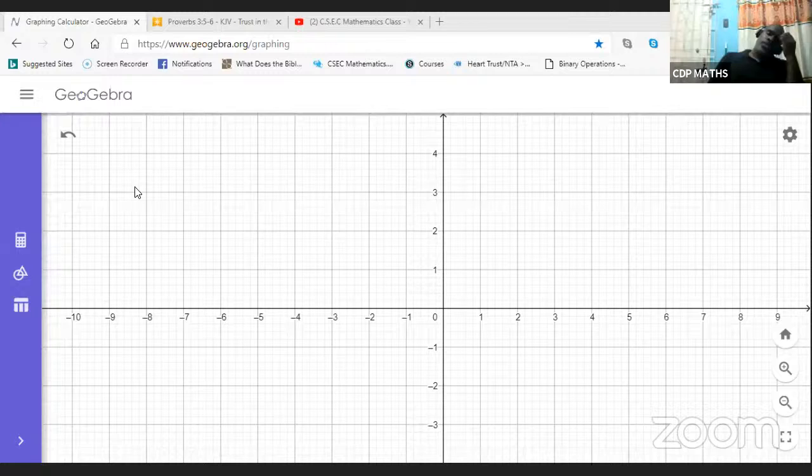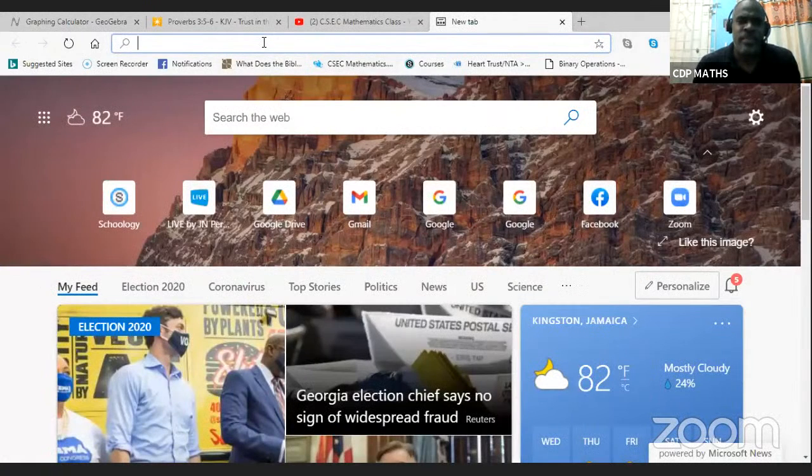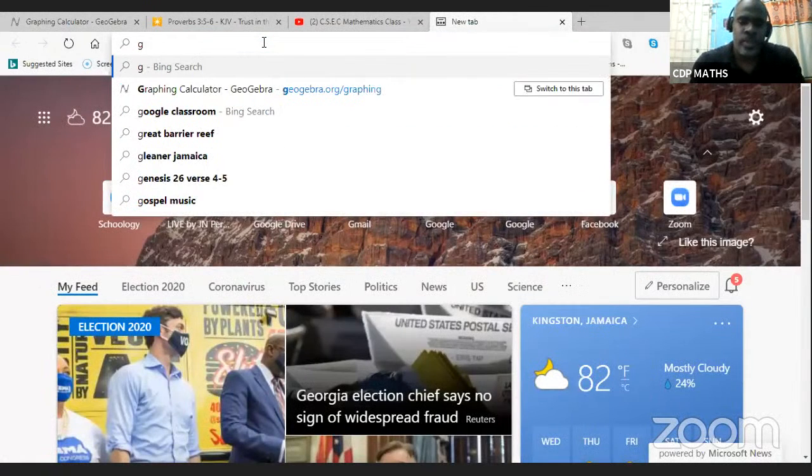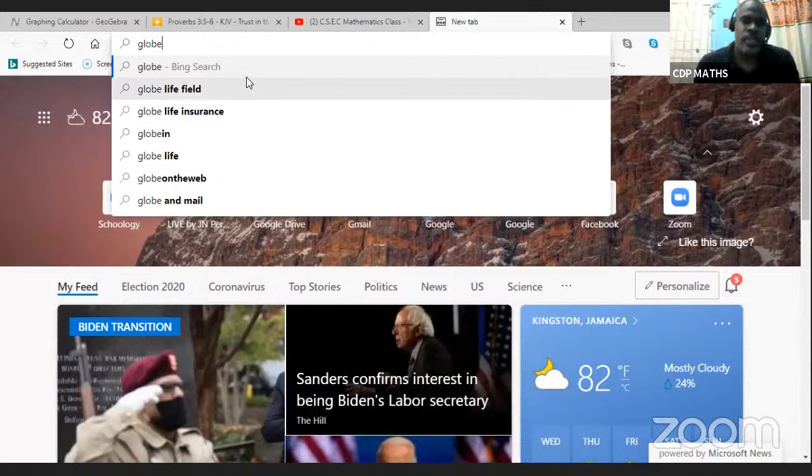Now, as you know, the graph is commonly known as the Cartesian plane, and it's a plane because it's flat. And you can compare a Cartesian plane to a globe. Let's look at what a globe looks like. I know you know it, but let's have an image, a globe.